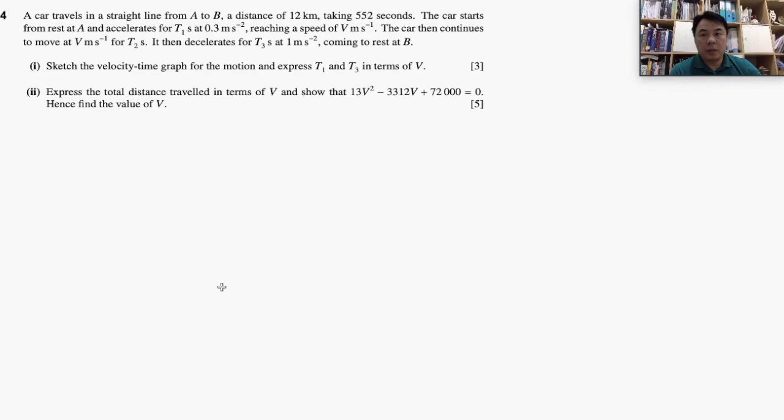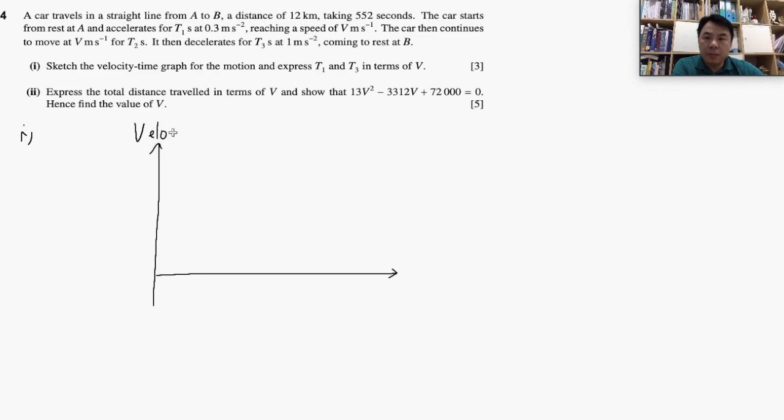Okay, so let's try this out here. For number one, let me sketch that graph. As usual, you must have the label for this.